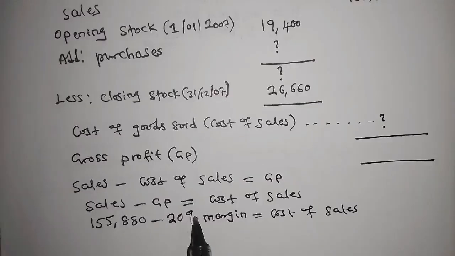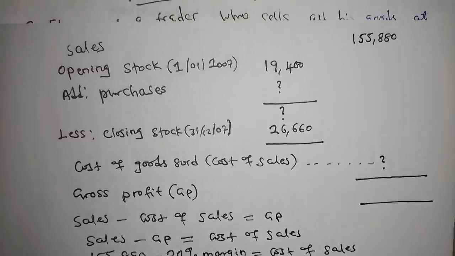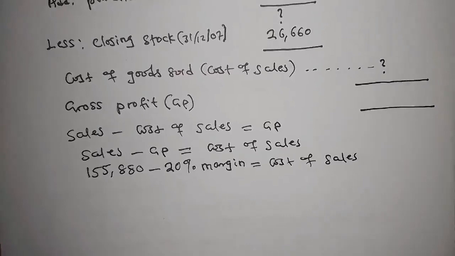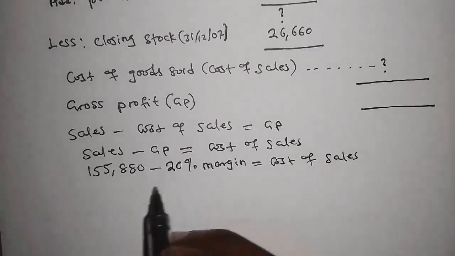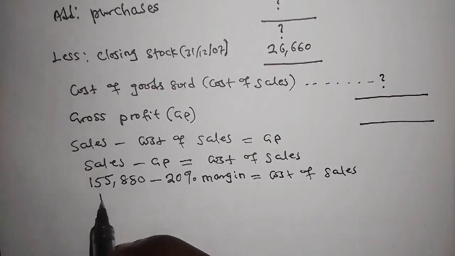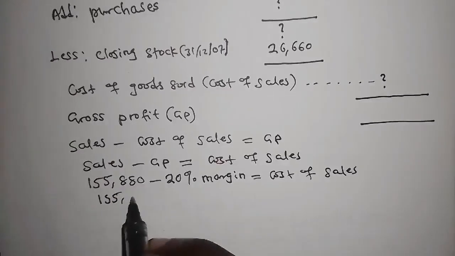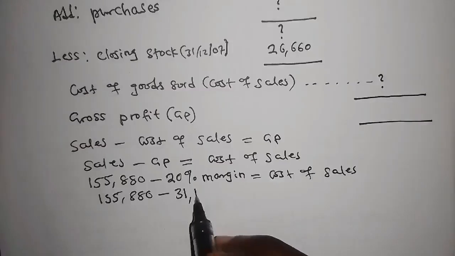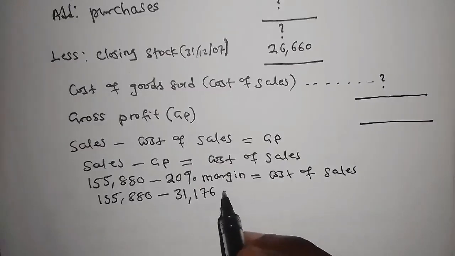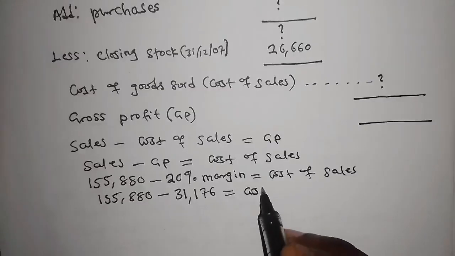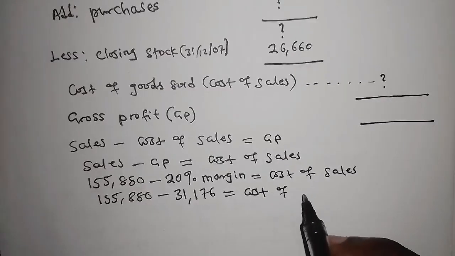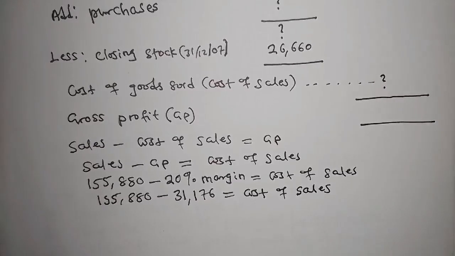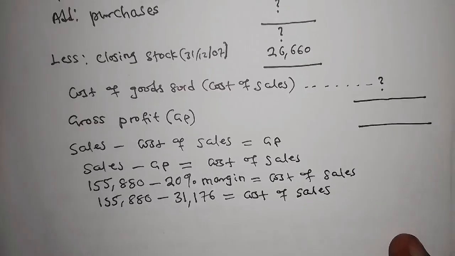Now we have to punch in 20% of this one. So 20% of 155,880 is 31,176. Then 155,880 minus 31,176 is equal to the cost of sales, so the cost of sales is going to be 124,704.